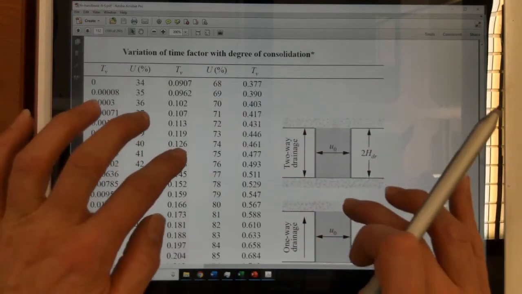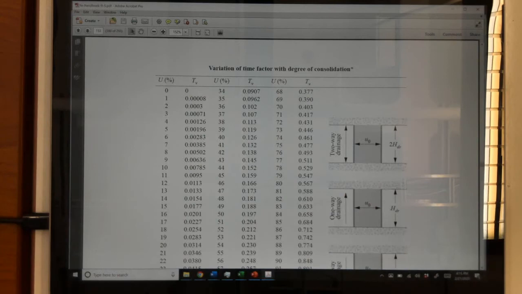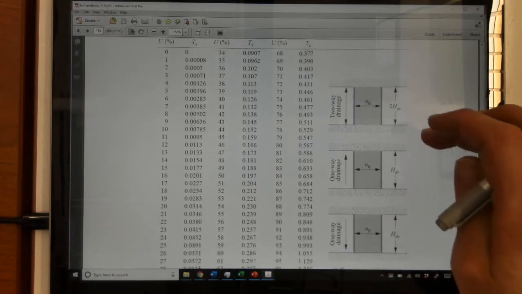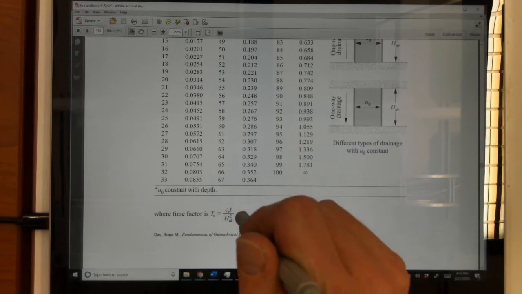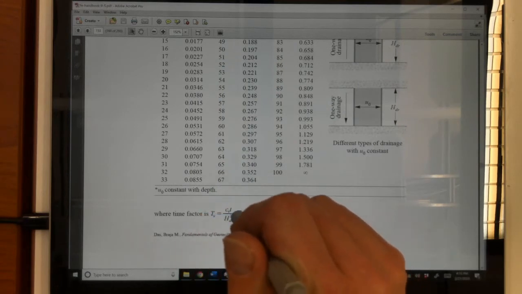Okay. And how we find that percentage piece is by taking advantage of some table like this and this equation down here for the time factor.